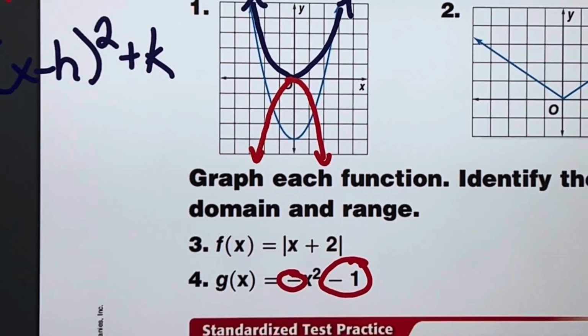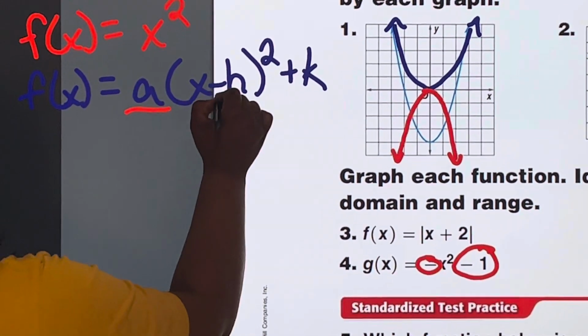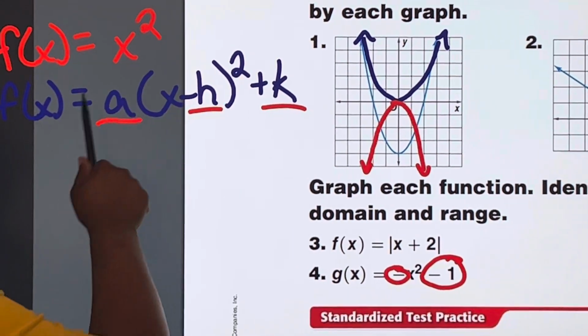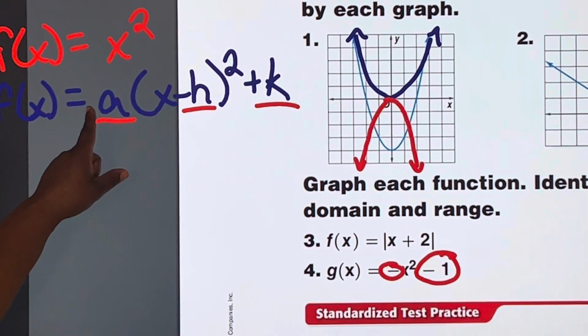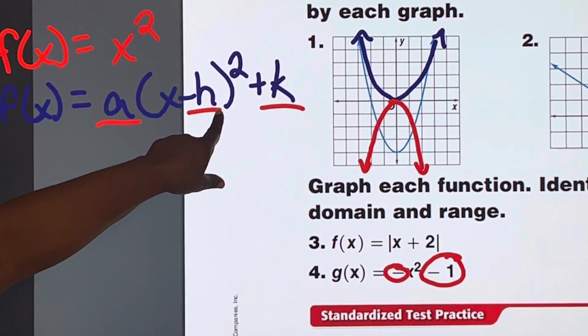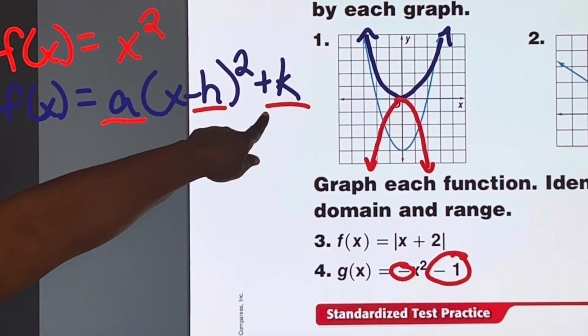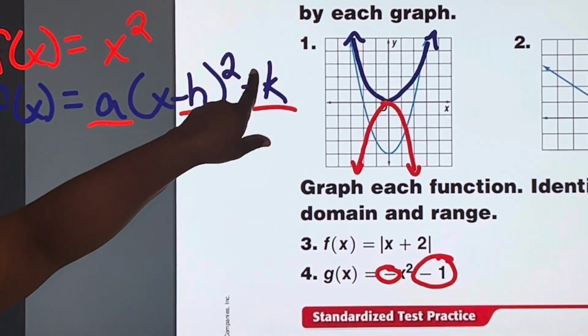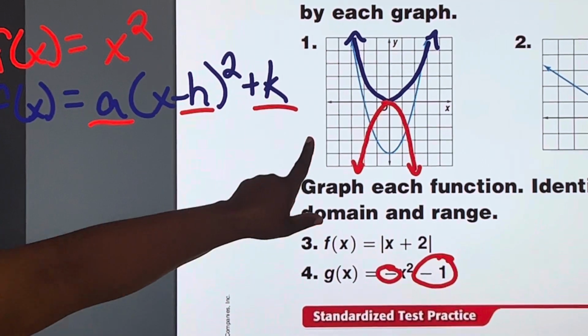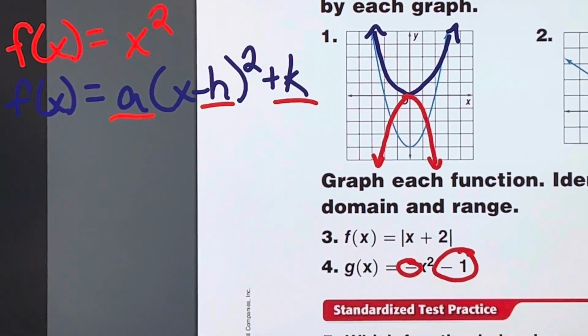So -1 in terms of a, h, and k, which one of these values do I think the -1 is considered as? The -1 is outside the parentheses. It's not in the parentheses. So the -1 is probably a k value. So that means, k moves it up or down. This graph actually moves down 1 unit.